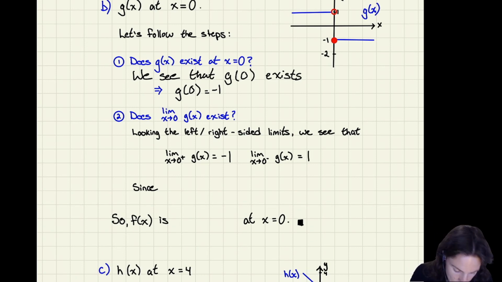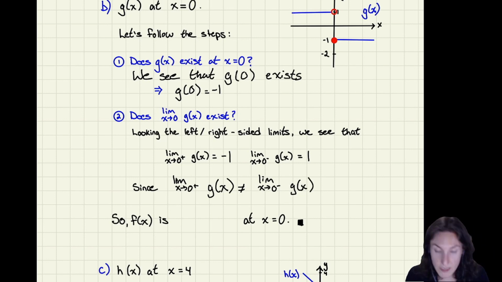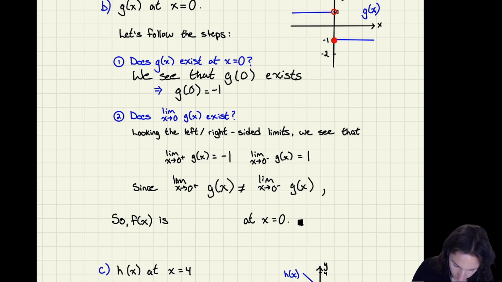So since the left and right-sided limits of our g of x are not equal to each other, we say that the limit as x goes to 0 of g of x does not exist.